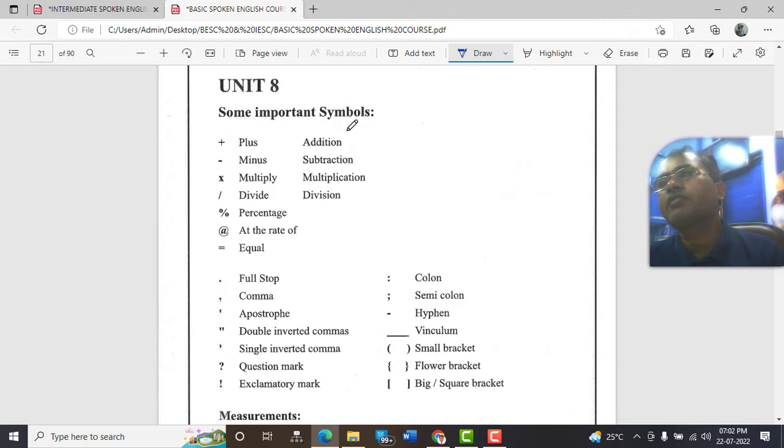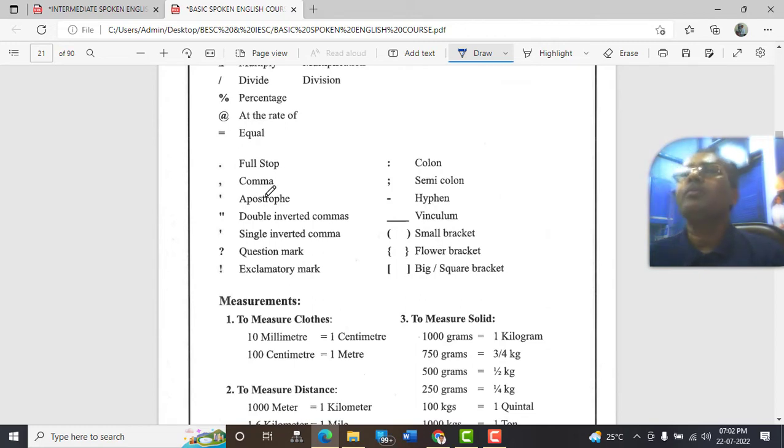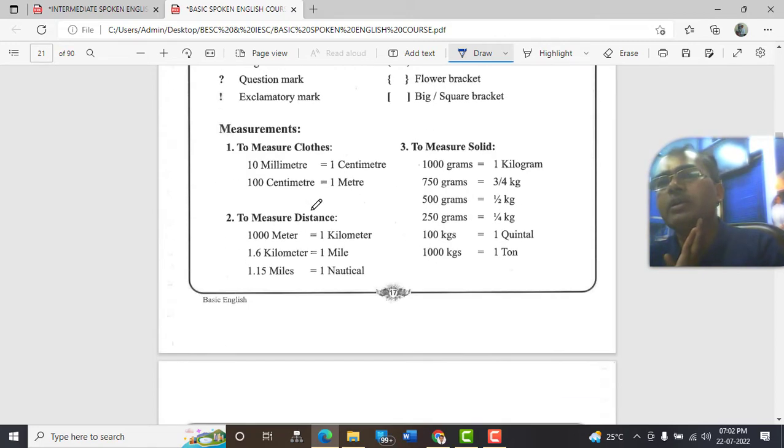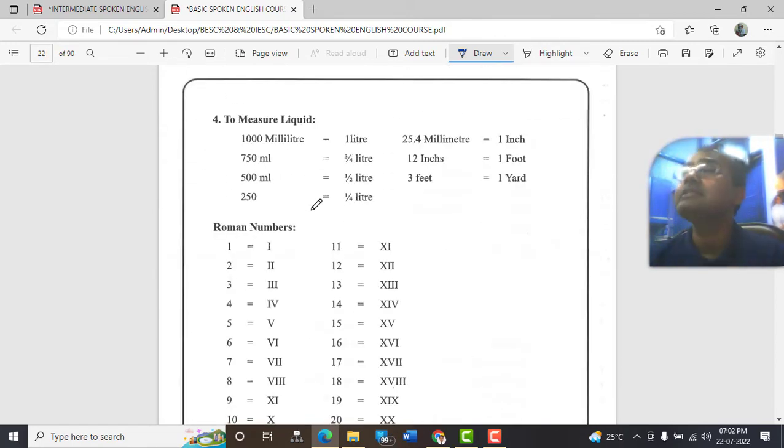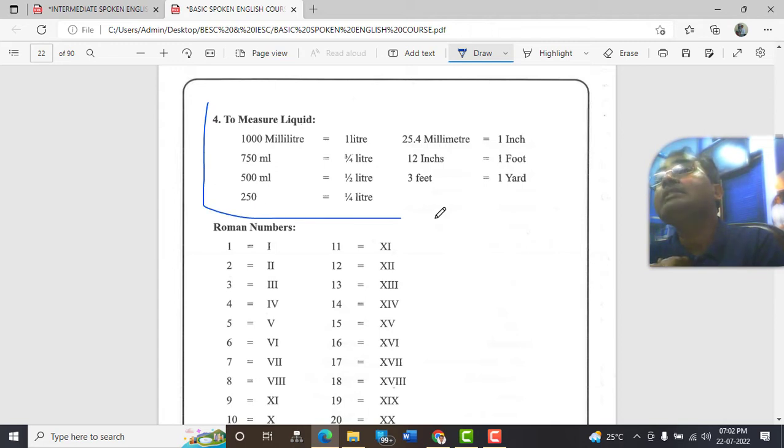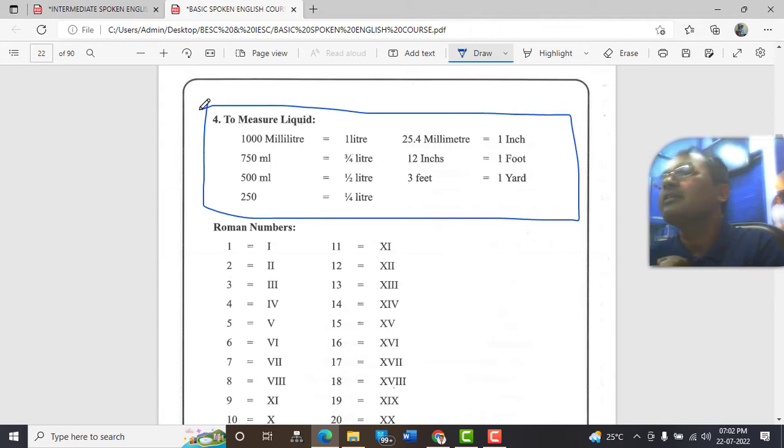Okay, then some of the important symbols: plus, minus, multiply, divide, percentage, at the rate of, equal, full stop, comma, apostrophe. Let me not take too much time, kilometer. All this is required. When we push you to US, we will be saying what is the measurement there. Here it is rupees and paisa. What is the measurement there?